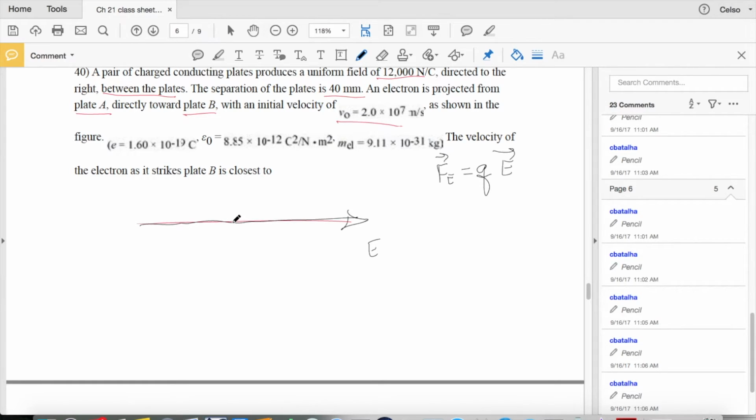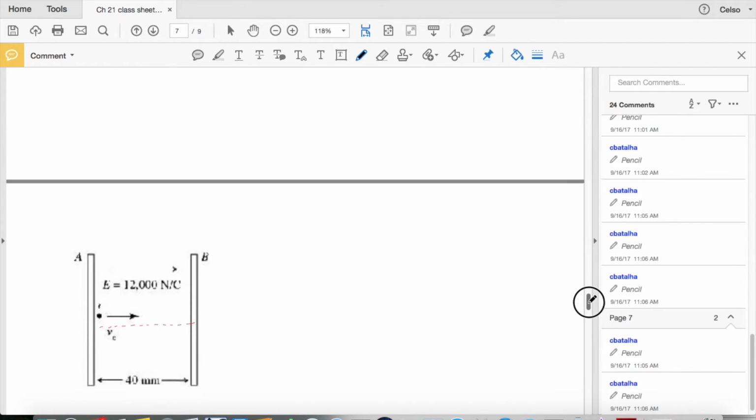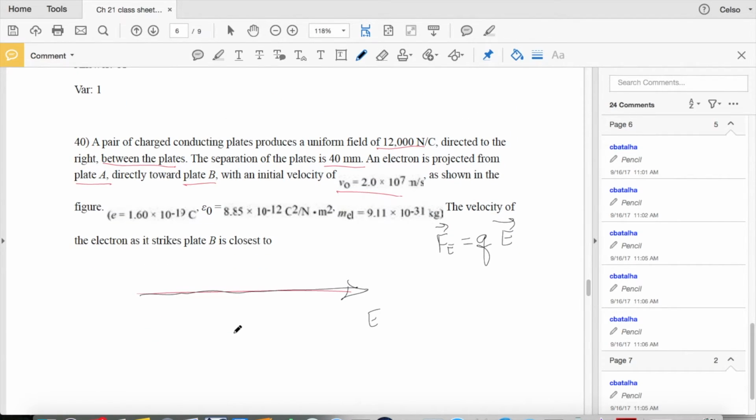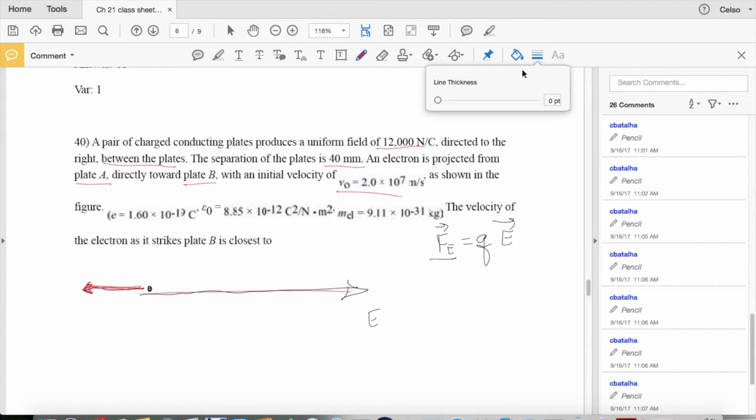So if you shoot an electron inside the plates, at the moment the electron gets inside this field, supposedly uniform, the electron will experience a force qE. But the electron has a negative charge, so the force, I like to write force in red, will be like that.